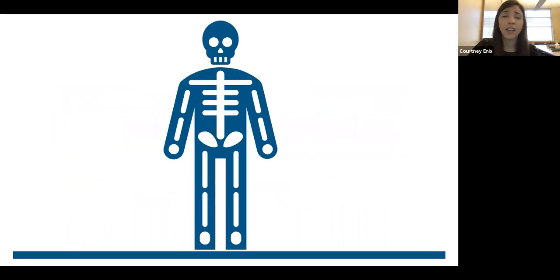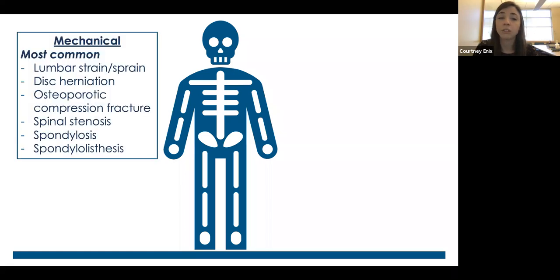And so let's talk about what we should be thinking about in the differential and how to focus our history and exam whenever we're seeing somebody who is coming into clinic with acute low back pain. Maybe not surprising to you, the most common cause of low back pain is mechanical etiologies. And over 80% of the time, people coming in with acute low back pain are going to have non-specific low back pain.